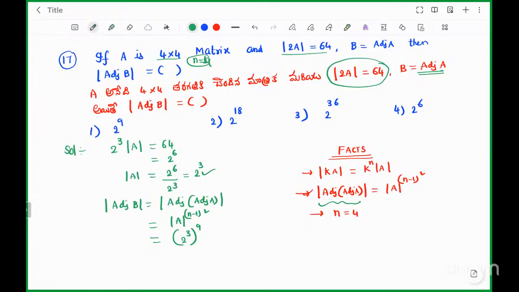Here also we need to change. So this is 2 power 4, and this is 2 square. So we know the formula: a raised to m, whole to the power of n, is a to the power of mn. So this is 2 to the power of 9 times 2, that is 2 to the 18. So this is our answer. Second option is the right option.